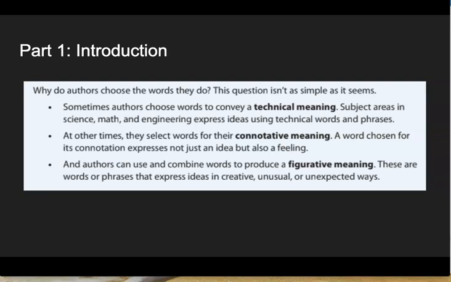So let's say the word thin. Thin is kind of like the denotation. There's no emotional baggage attached to it. But if you say fat, there's a negative connotation that goes along with that. If you say fit, there is a positive connotation. So basically, connotation is just a word that's got a definition plus some emotional baggage.